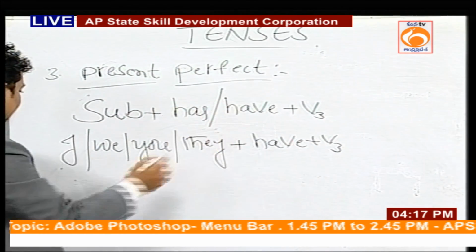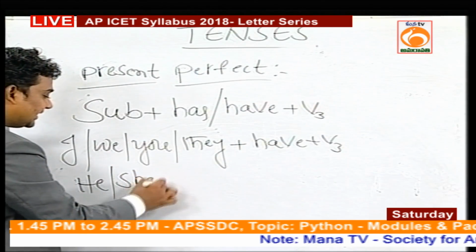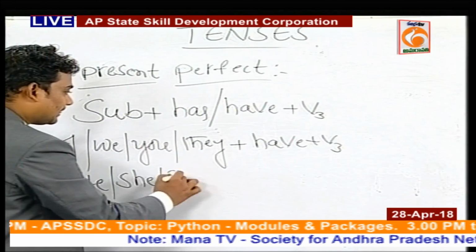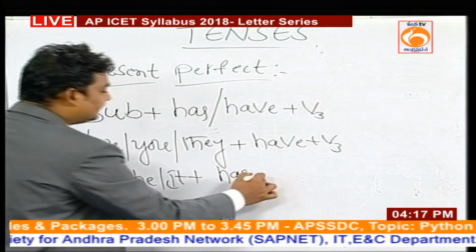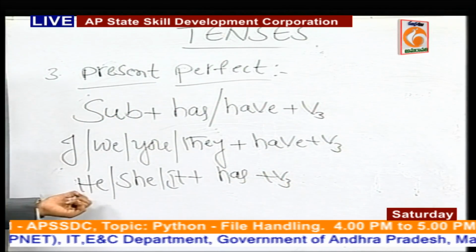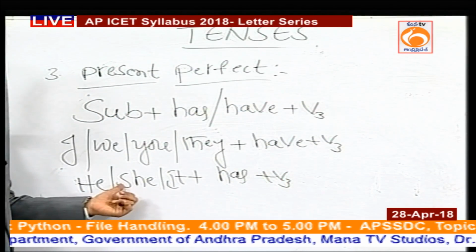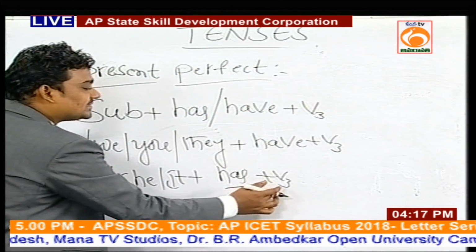Next, third person singulars, he, she, it, take the helping verb has. The V3 is the same V3. So if we are using he, she, it as a subject, the following helping verb is has plus V3.